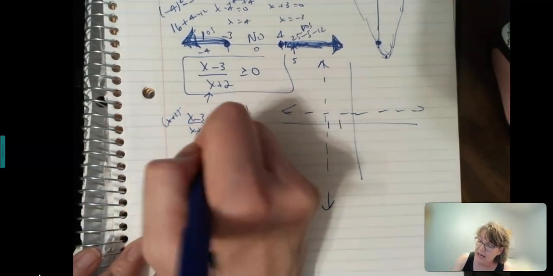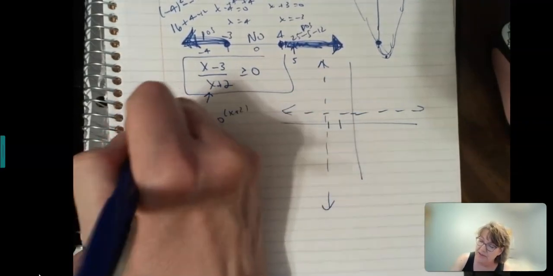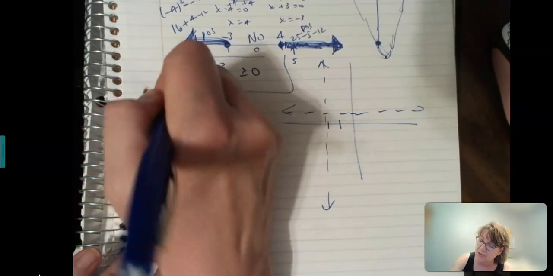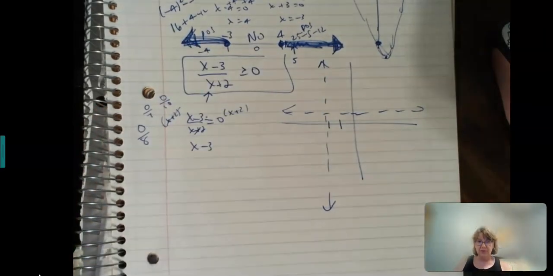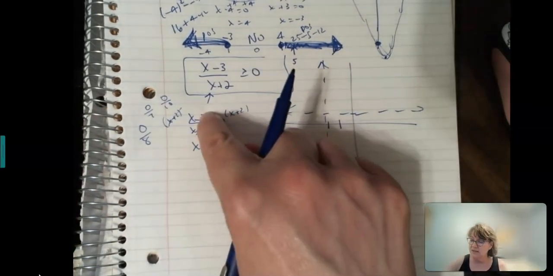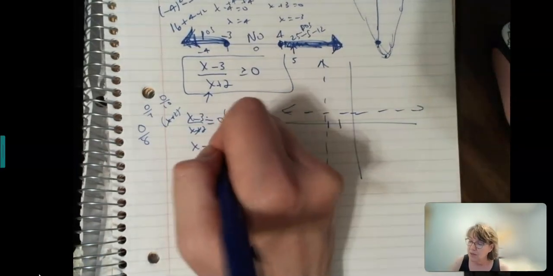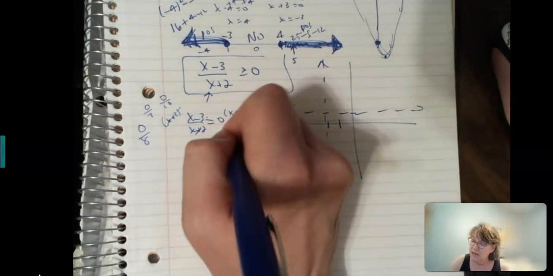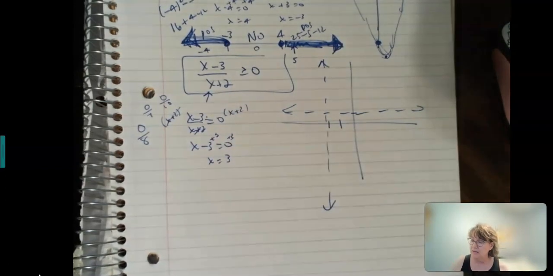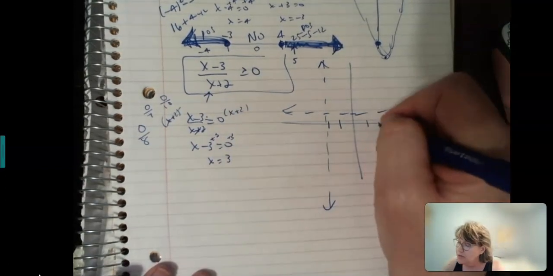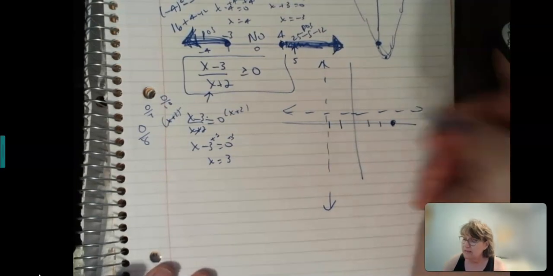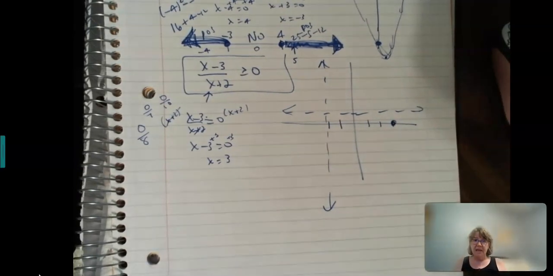And that makes sense, right? If a fraction equals 0, the numerator is going to be the 0. You can't have 0 divided by 0. So if this is 0, the whole thing is 0. So add 3. When x equals 3, okay, so if I'm over here, 1, 2, 3, that's an x-intercept, okay?